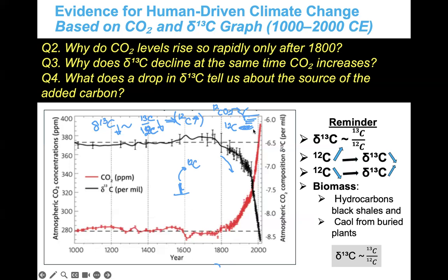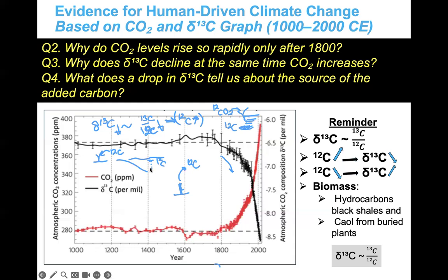Or the phytoplanktons in the sea. If you talk about the land, they have trees, plants. If you talk about the ocean, we have planktons. In both cases, the trees remove C12 easily, and the planktons also remove C12 easily.